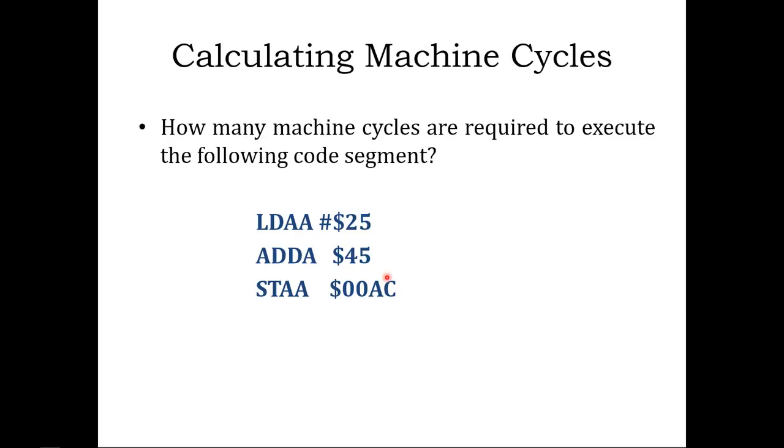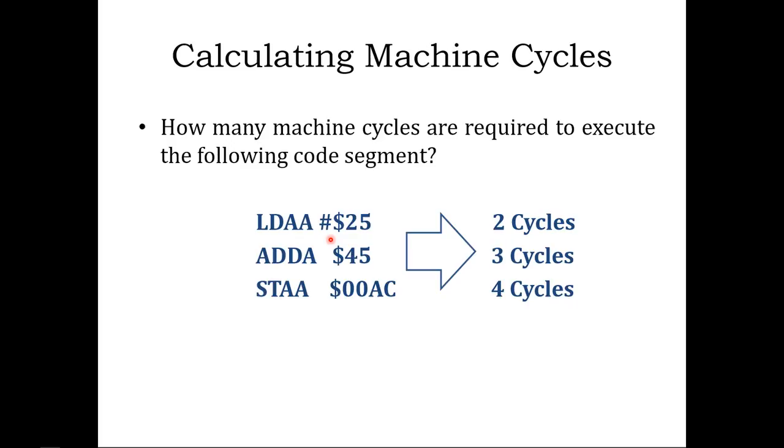First I need to know, again, the addressing mode of each line. From the addressing mode, all I have to do is go to my instruction set, look at this instruction and look at the addressing mode. For example, the first instruction that I have is LDAA. If I go to LDAA, check column 7. Make sure you understand this, okay?